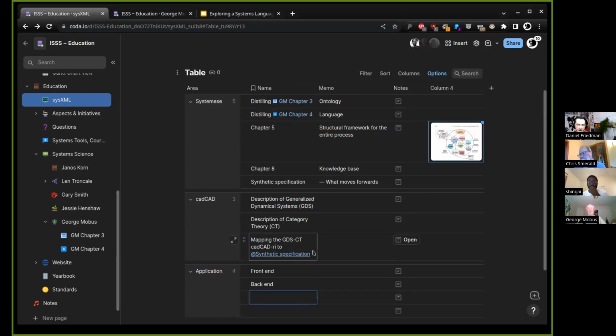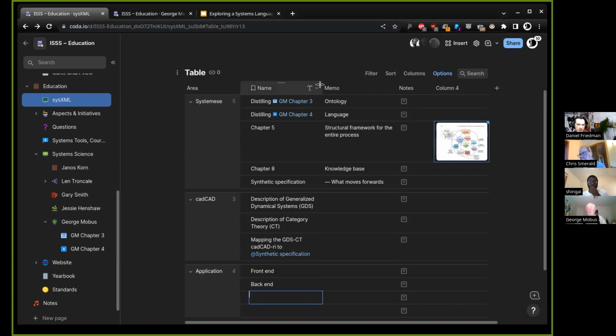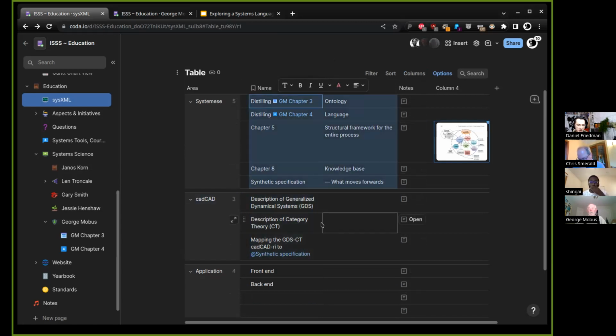But then there are steps to actually, and then how would we proceed? Let's just say we had the technical specification and the language specification. Would we choose a set of systems of interest and pursue them?